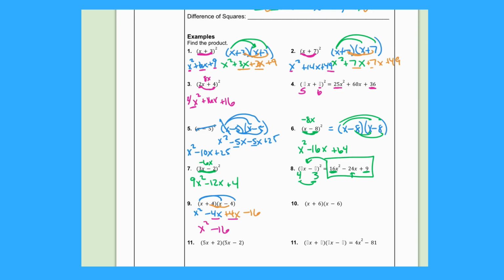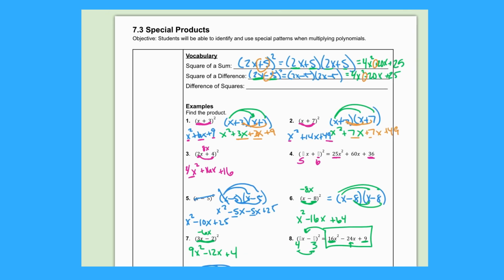So then the shortcut, and let's write it up here. Let's give it an actual number. So if I have 5x plus 3 and 5x minus 3. So we're going to multiply the first number by itself.